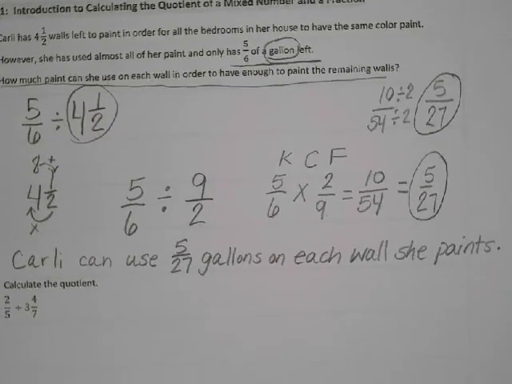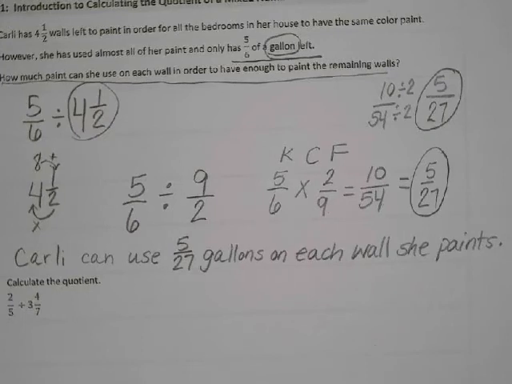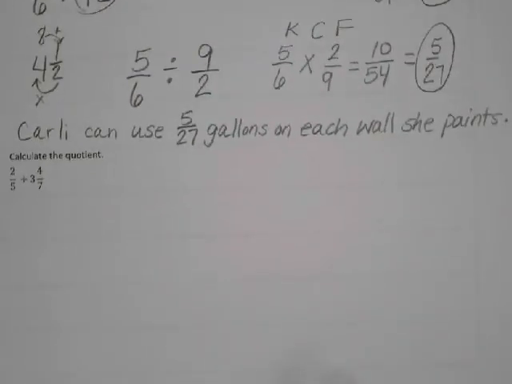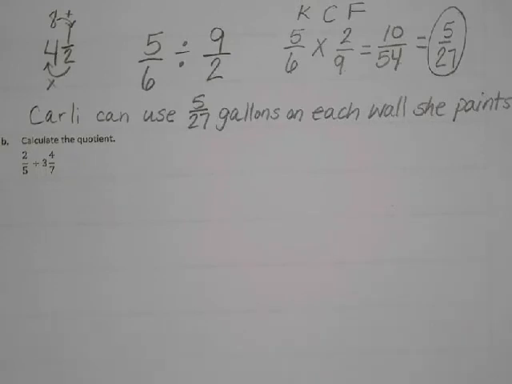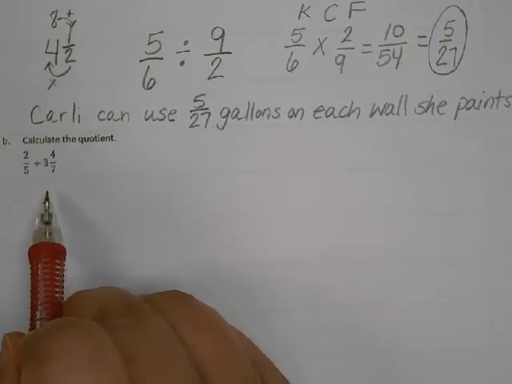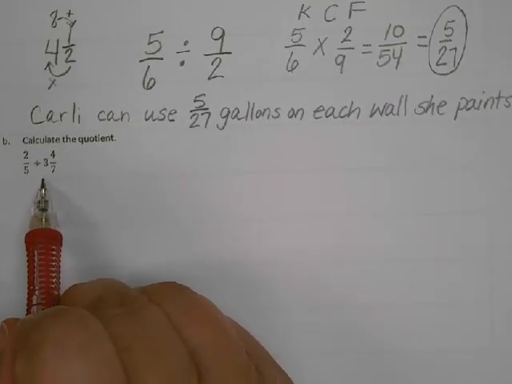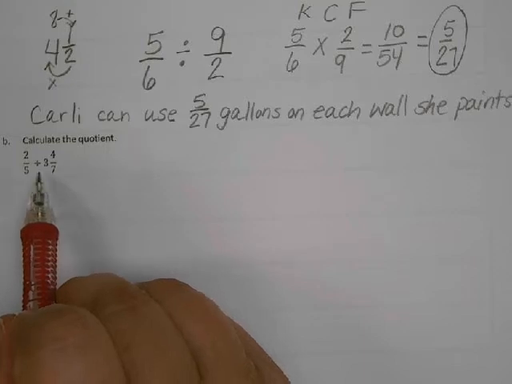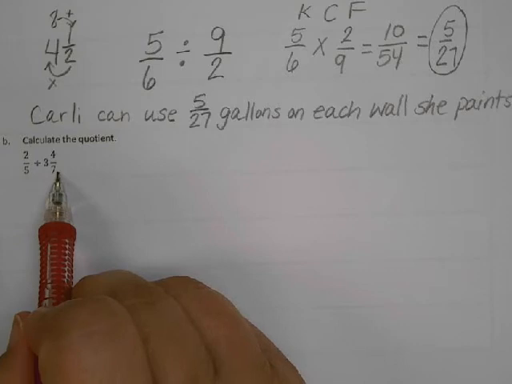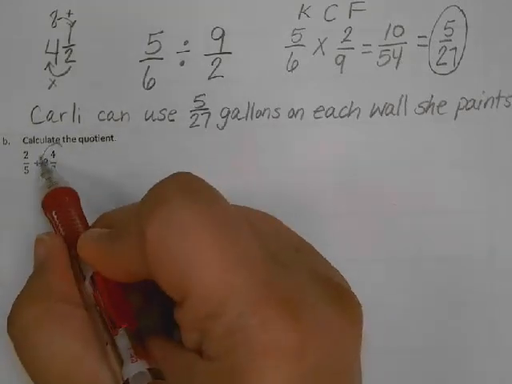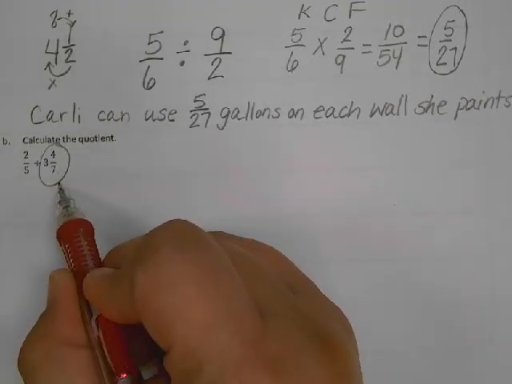Okay, let's go on to the second part of our example. And on this one, they just give us a problem to solve. So I'm going to read the problem to myself, and then what I will do is follow my rules for division. So my problem says 2/5 divided by 3 4/7. I know that 3 4/7 is a mixed number, so I need to change this.